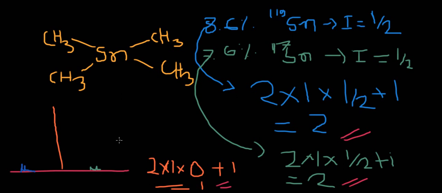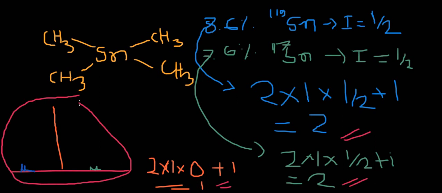So the answer will be this for this compound. Remember again, when you see this kind of problem and you have a spin active nuclei or spin active metal atom, then you have to calculate like this. Although you expect 1 peak for the same environment, for the spin active nuclei you get more peaks than expected due to the coupling.